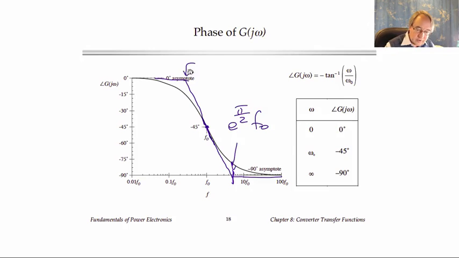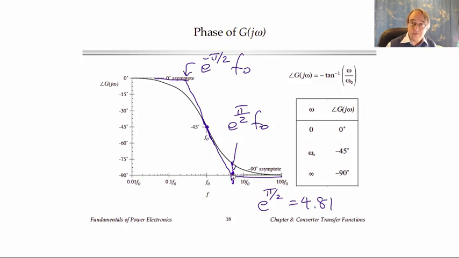And this one here turns out to be e to the minus pi over 2 times f naught. Okay, get out your calculators. e to the pi over 2 is 4.81. So if we know f naught, we can multiply by 4.81 and find this break frequency where the asymptotes change.